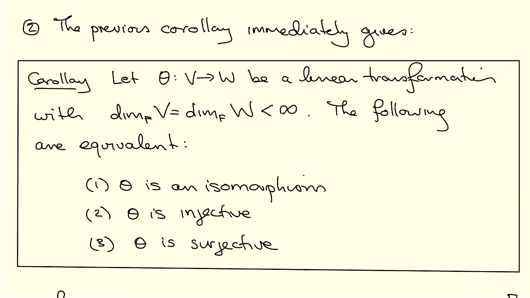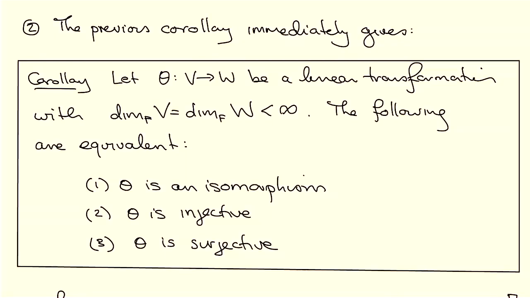It's a common thing when you're counting: if you know that both sets have the same finite number of elements and you've got an injective map, then it's surjective, and vice versa. So that bijection, or isomorphism, is the same as either of its two constituent pieces. The same happens for vector spaces, where dimension now plays the role of finiteness. So we need our two vector spaces to be finite dimensional and of the same dimension. That's the important part here.